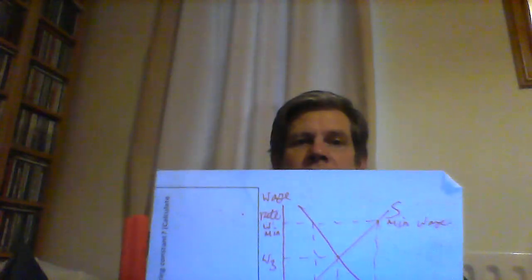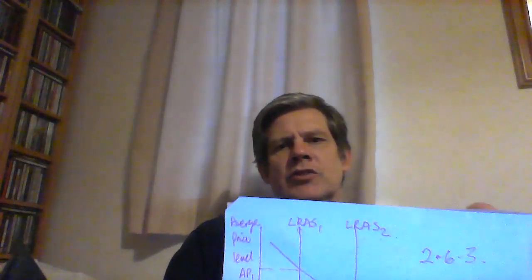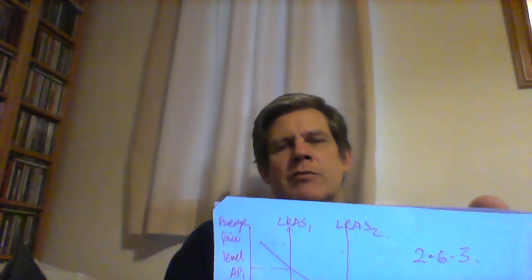What you'll notice from the diagram is that will cause an increase in the level of employment from E1 to E3, and that increase in the level of employment will increase output at general equilibrium, and it will do this. It will shift the long-run aggregate supply curve to the right, creating growth.